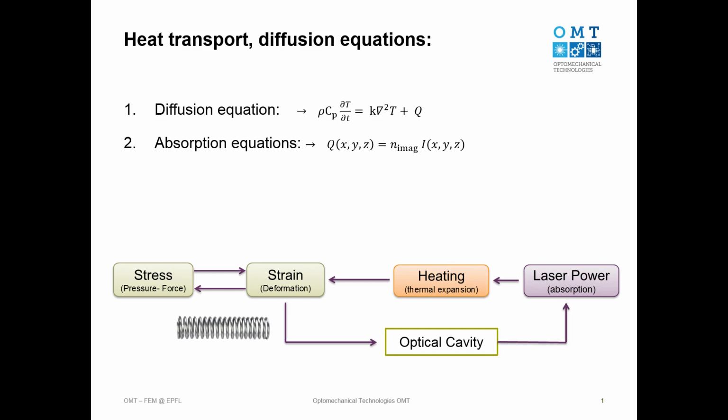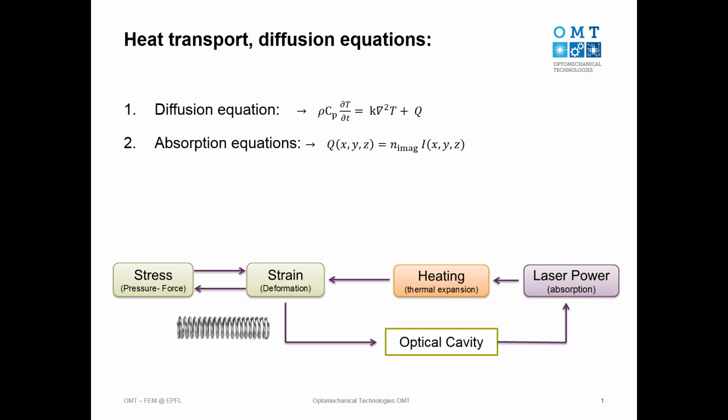This is a kind of feedback loop that can even lead to cooling or amplification. There is a retardation in this loop, and you can simulate all this chain in COMSOL, and it would be a really good exercise. It involves mechanics, optics, absorption, heat transport, and a feedback loop.